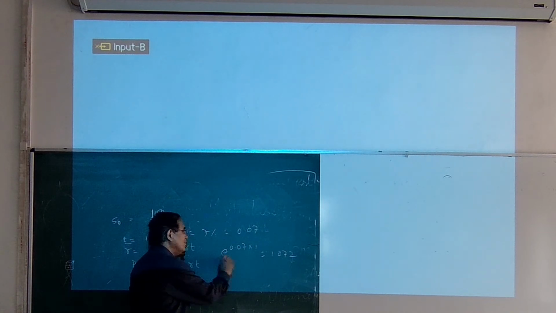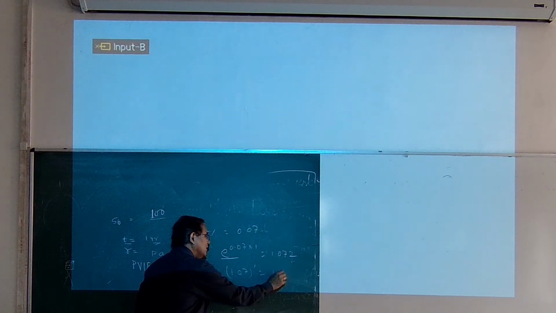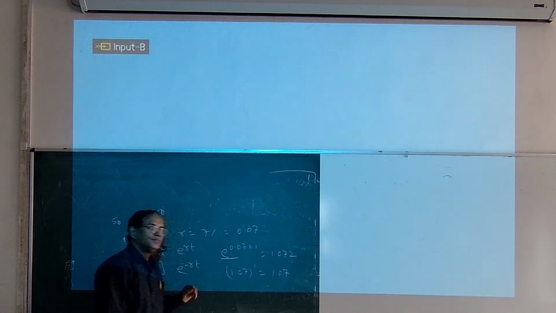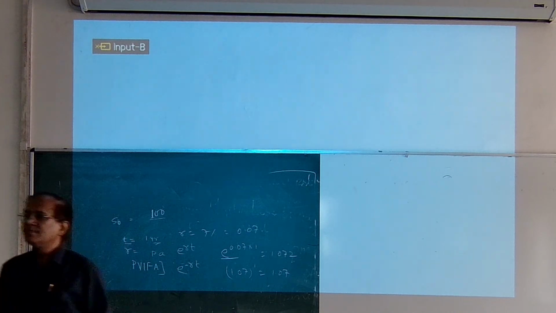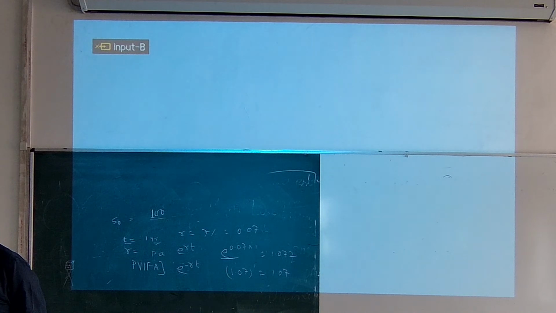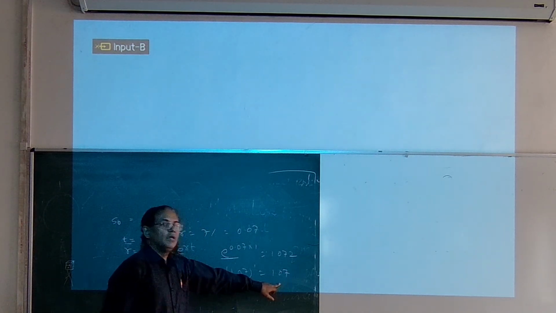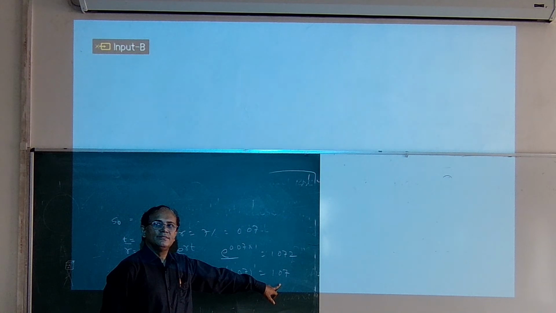Whereas if I don't have this, I can use 1.07 to the power 1, which is 1.07. I can easily make it. If you ignore this figure, it will become an approximate figure. That's the way it is.